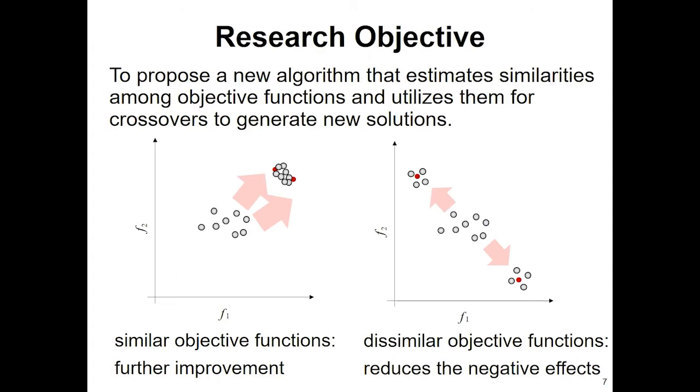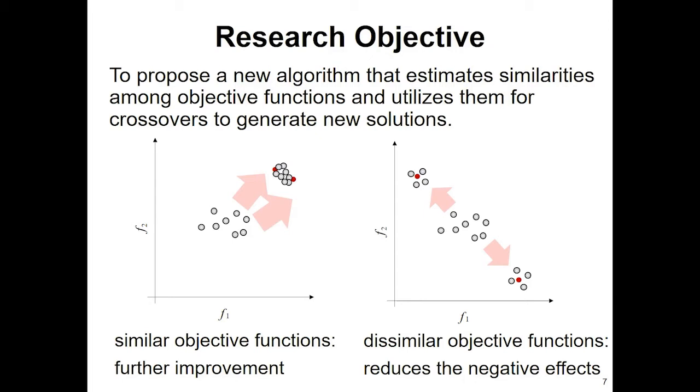The research objective of this work is to propose a new algorithm to accelerate evolutionary multifactorial optimization. The proposed algorithm estimates similarities among objective functions and encourages crossovers of solutions with scale factors of similar objective functions.